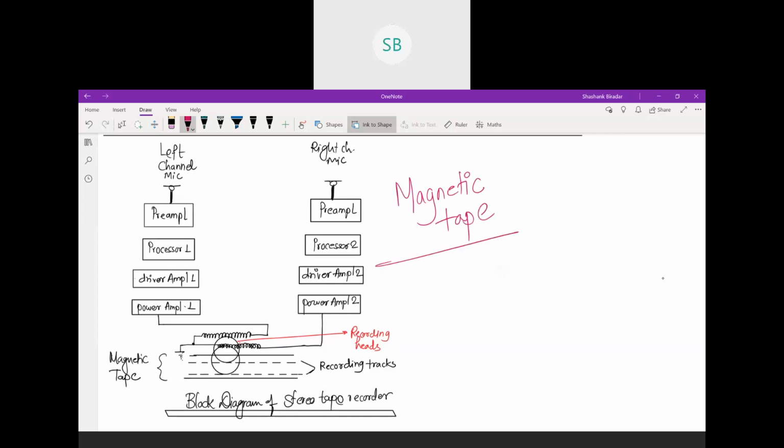So for stereophonic recording on the magnetic tape, we have to use separate recording heads instead of using the cutting stylus. Okay, so here we have the recording heads, these circles.